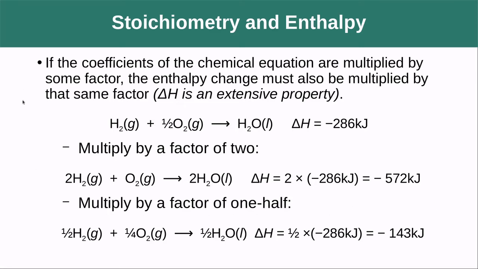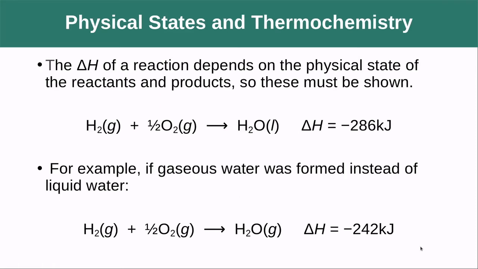Here is what I was talking about before. If the coefficients of the chemical equation are multiplied by some factor, the enthalpy change must also be multiplied by that same factor. So if we multiply everything by 2, we wind up multiplying the enthalpy by 2. If we multiply by a factor of 1/2, we multiply the enthalpy by a factor of 1/2. The change of enthalpy of a reaction depends on the physical state of the reactants and products.